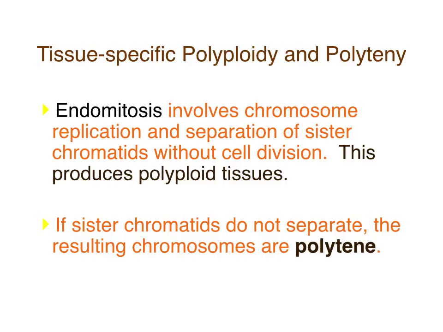So you're basically going through mitosis, but you're not going through cytokinesis. So you're going through that nuclear division, but not the cellular division. What's the end result of that? Polyploid tissue, or cells that have lots of nuclei in them, or cells that have lots of copies of chromosomes in them.